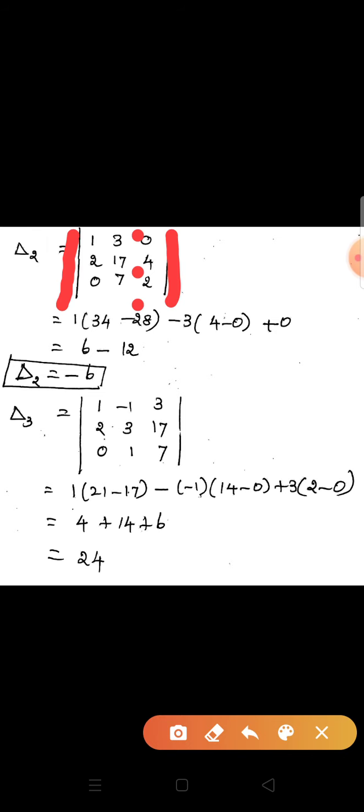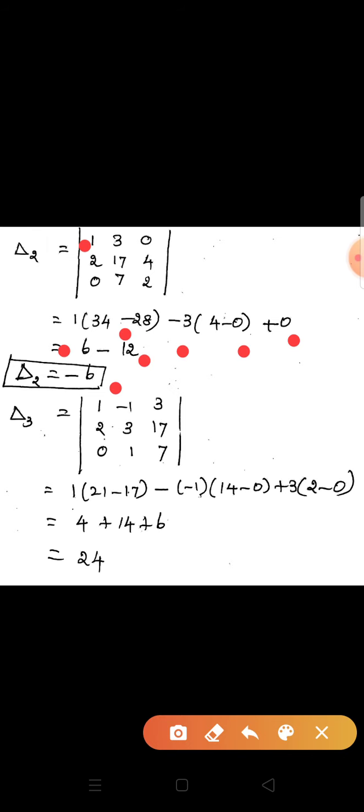Now we are going to find the delta 2 value by expanding the first row. 1 into 17 into 2, 34 minus 28. Minus 3 into 2 2s are 4 minus 0. The third answer is 0. So 34 minus 28 is 6, minus 3 into 4 is minus 12. So the answer is minus 6.